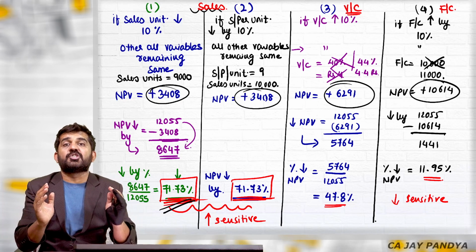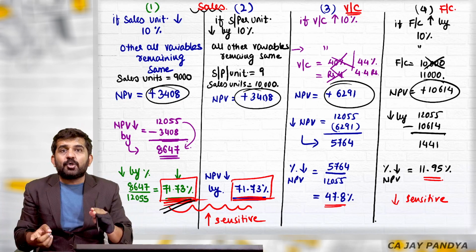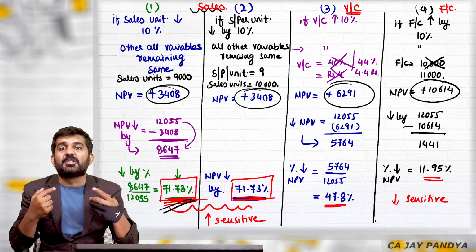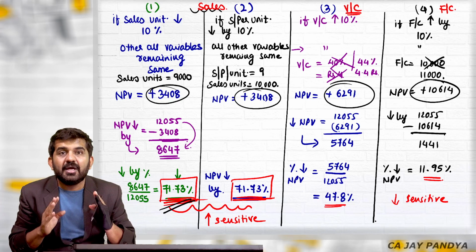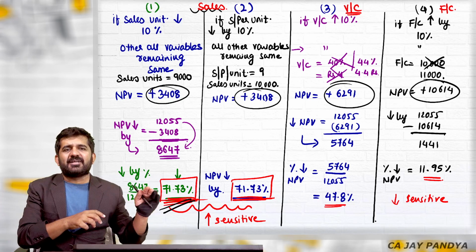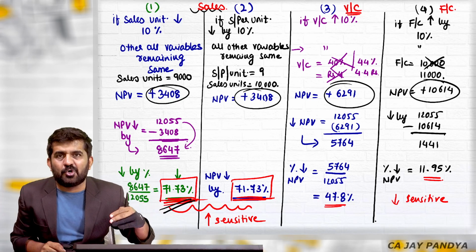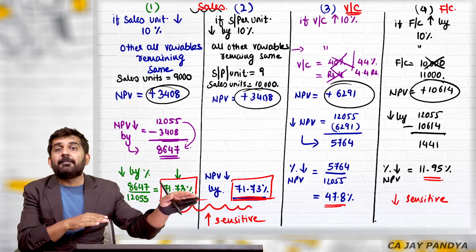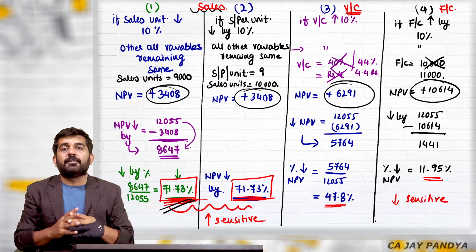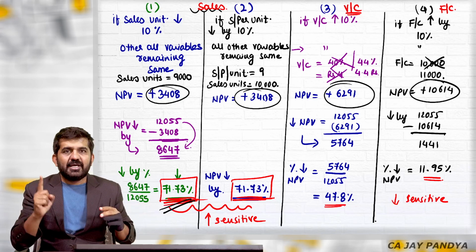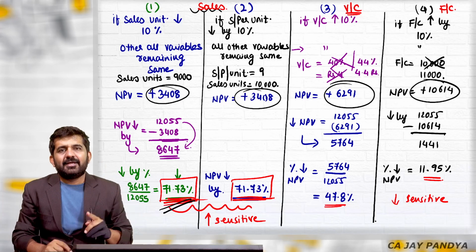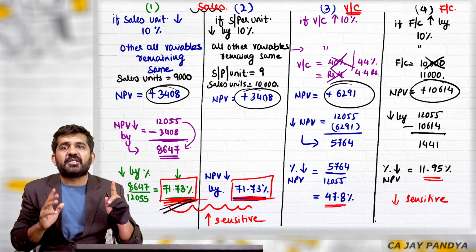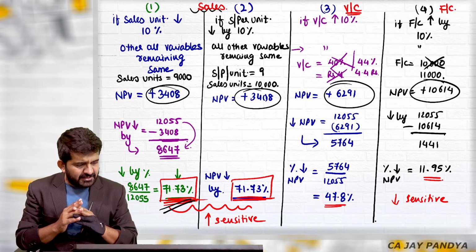The sales portion is most risky. I need to hire a good marketing person so that my 10,000 units of sales is achieved. I need not concentrate more on reducing my fixed cost. Where I should go deep is sales. Easy, lengthy if you don't have an Excel sheet, and very important as far as business decision making is concerned.